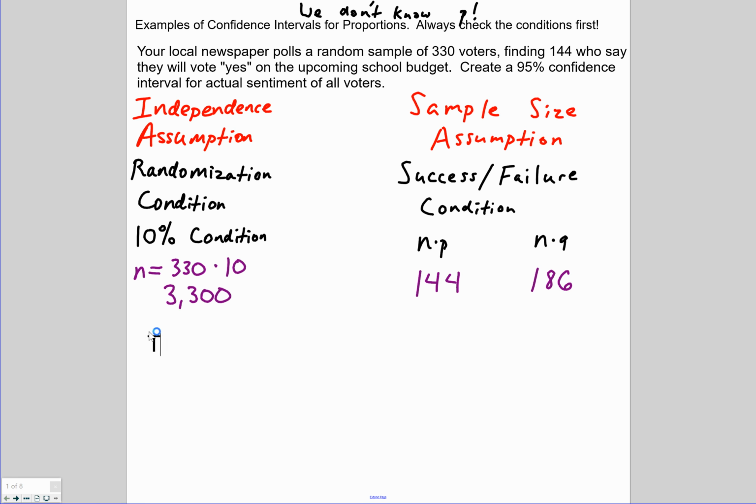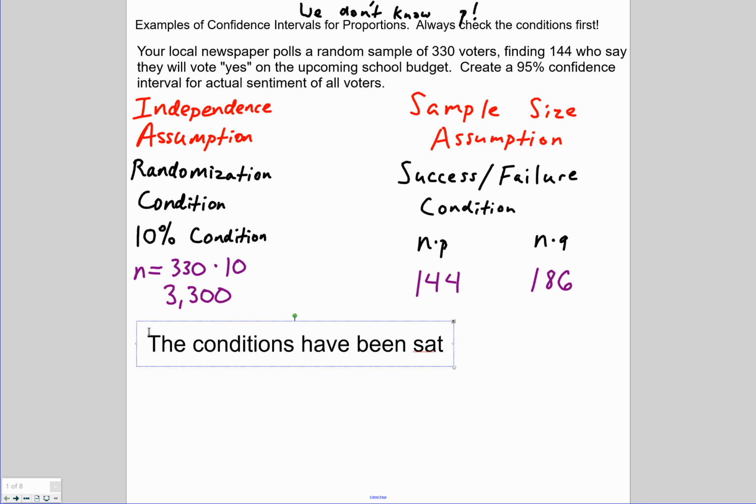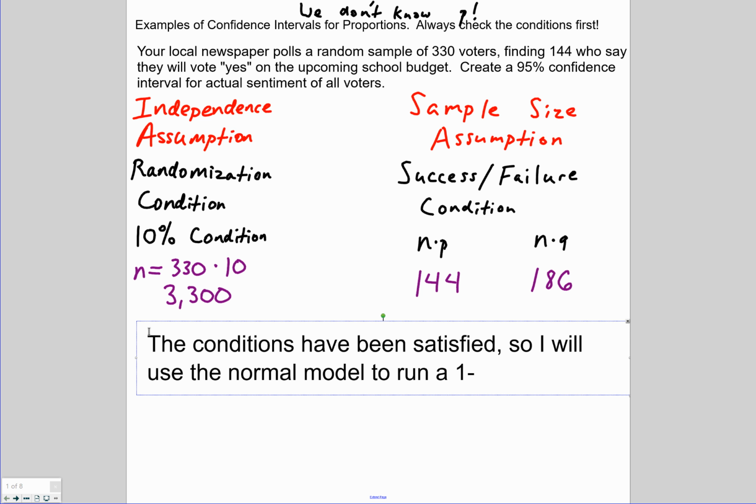The conditions have been satisfied. So I will use the normal model to run a one proportion Z interval.